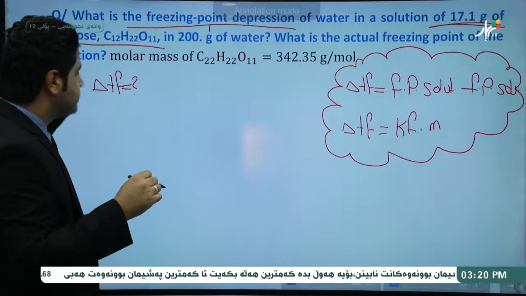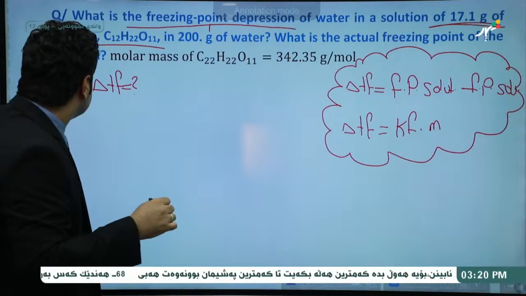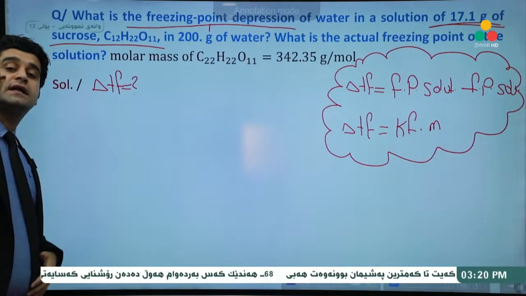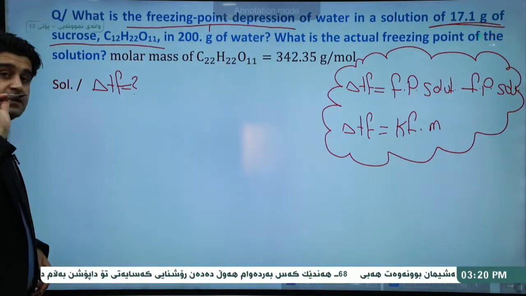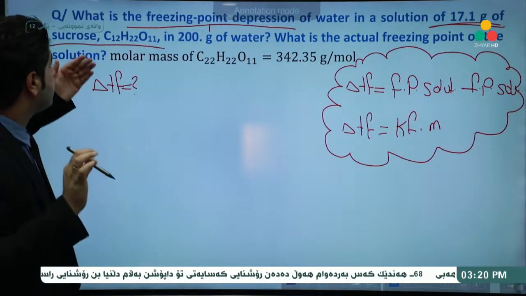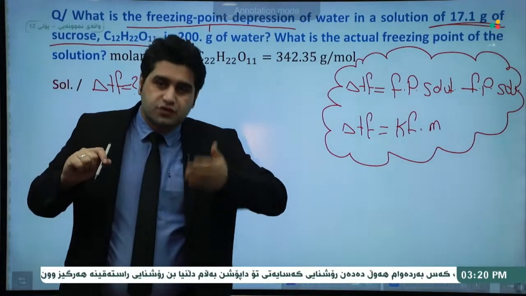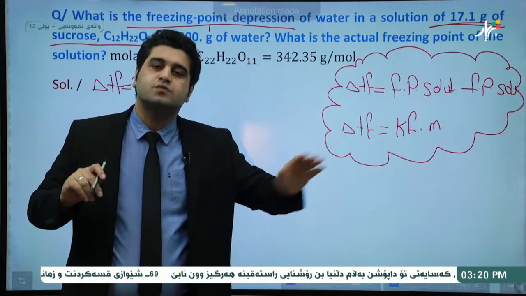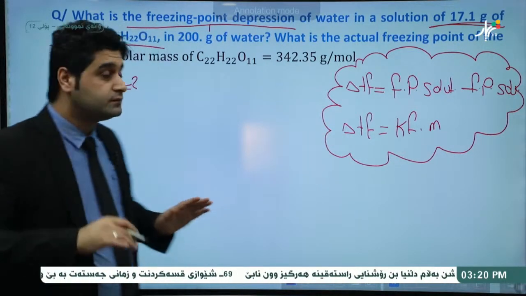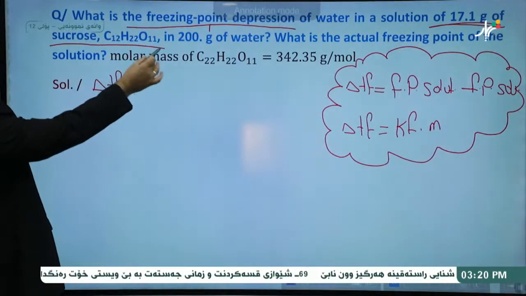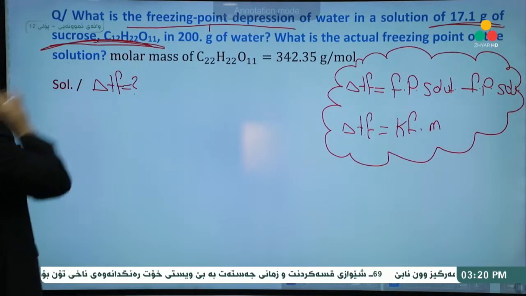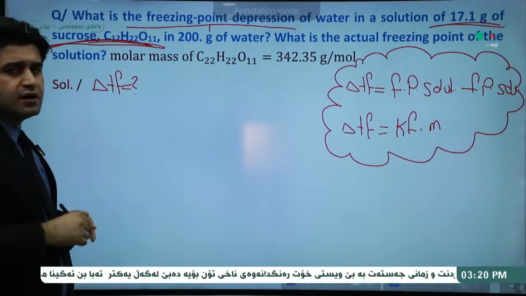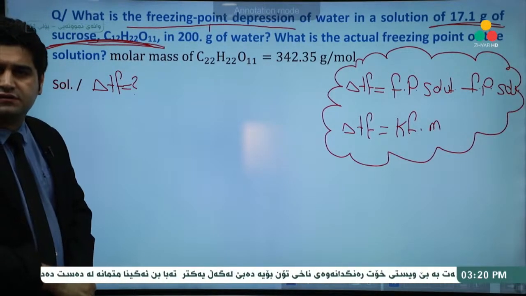Now, the second step: please be careful whether the solute is an electrolyte or non-electrolyte. It's very important because for an electrolyte we have to do some further steps, but for a non-electrolyte we don't have any problem. The solute is sucrose, a non-electrolyte, so we don't care about the solute.